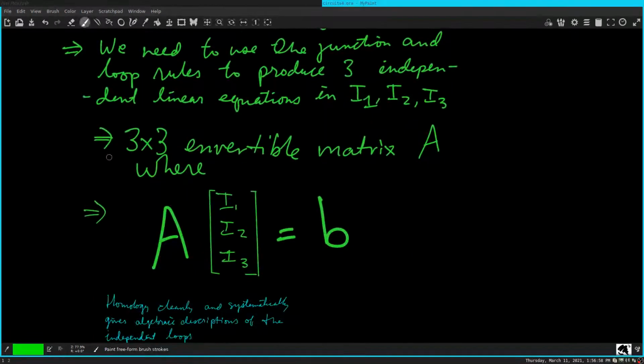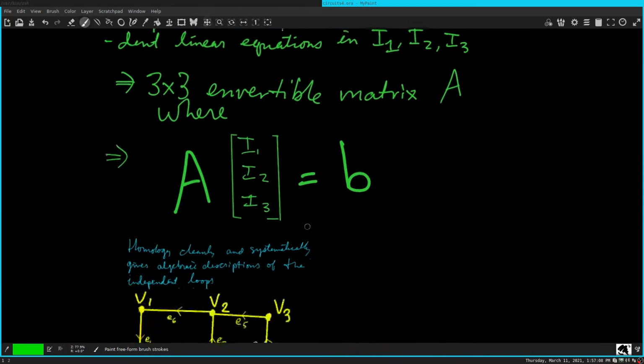Alright, so eventually you'll get, as I said, a 3 by 3 invertible matrix A. You need an invertible matrix. A times (I1, I2, I3) equals B, and so therefore (I1, I2, I3) equals A inverse B. So homology will actually give us a very systematic way to get this matrix A, and guarantee that it's invertible, kind of.